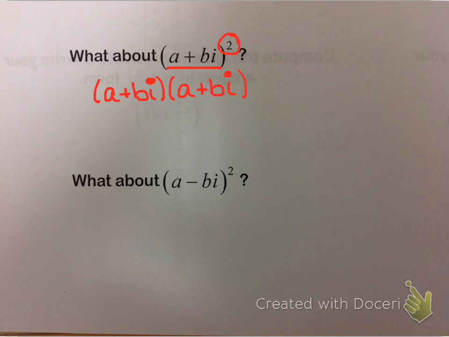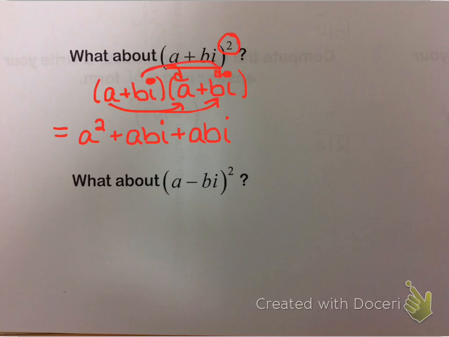So when we FOIL that one out, the first terms will give us a squared. The outer terms will give us plus abi. And the inner terms will also give us plus abi. And then the last terms will give us plus b squared i squared.